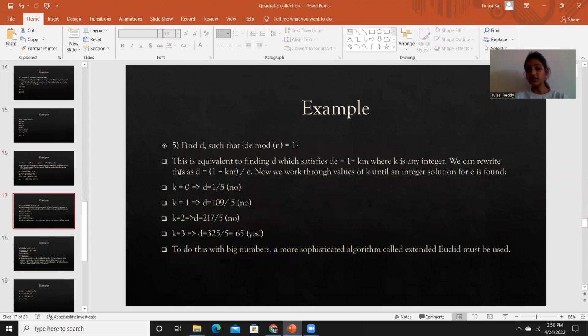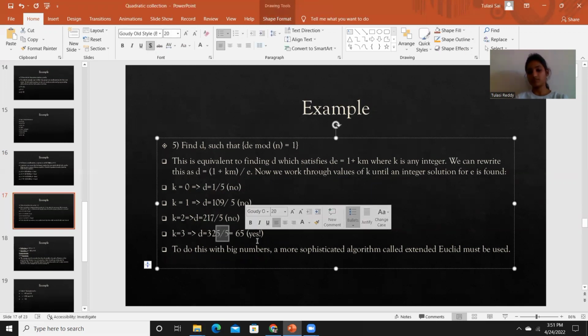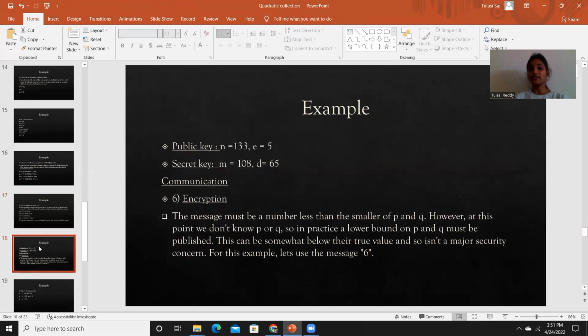We can rewrite this as d equal to 1 plus k m by e. Now we work through values of k until an integer solution for d is found. So same as before, we will be assuming values to find the value of k. So we will be taking k equal to 3, that is d equal to 325 by 5 equal to 65.